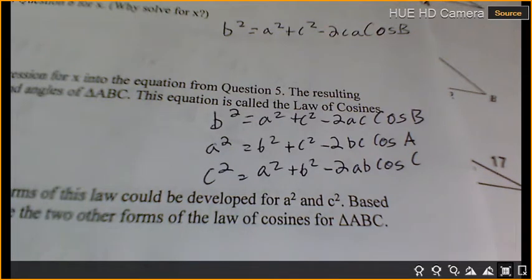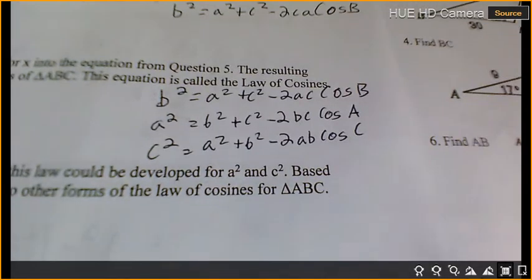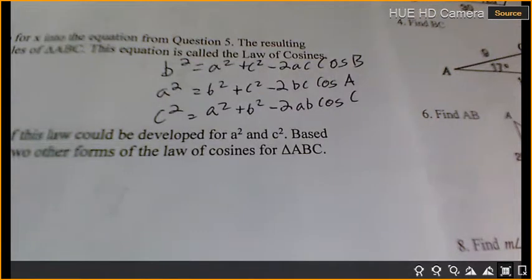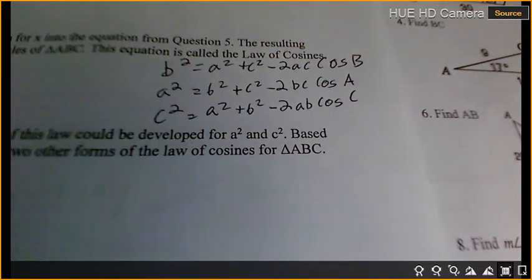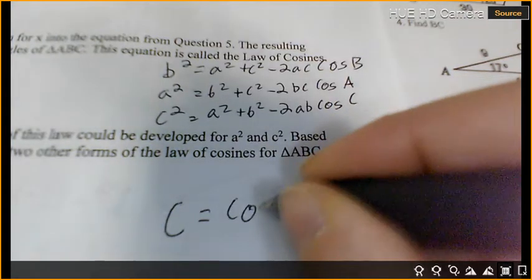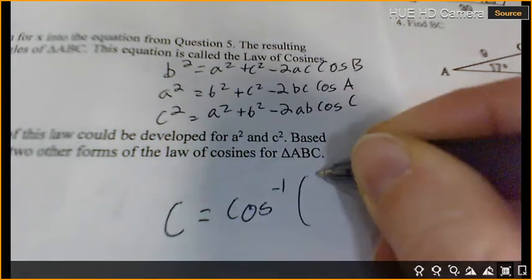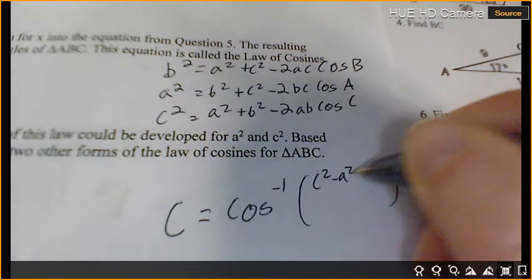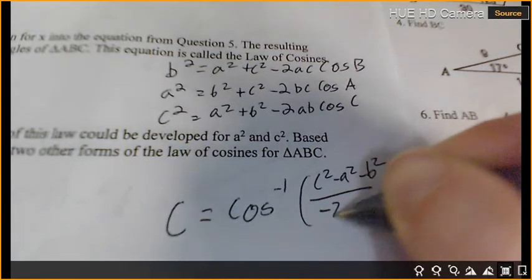So I suggest it is harder to use this way for angles. So you can manipulate this whole equation. So you can use a different equation for angles. So for example, if I wanted to find C, that turns out to be cosine -1 of c squared minus a squared minus b squared all over -2ab.